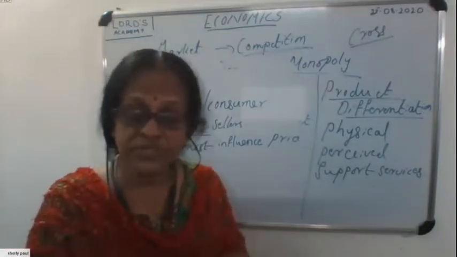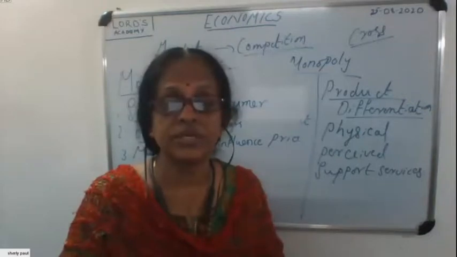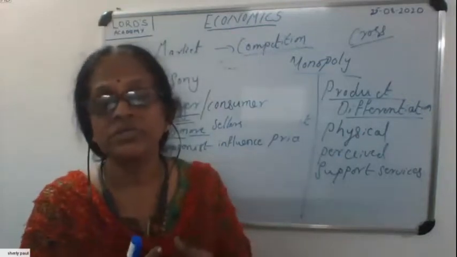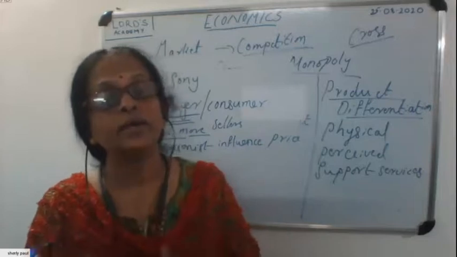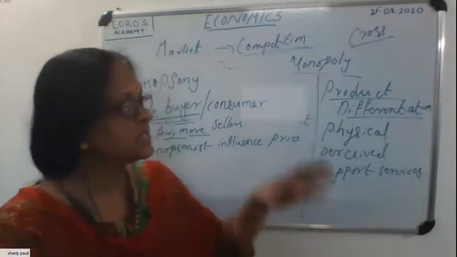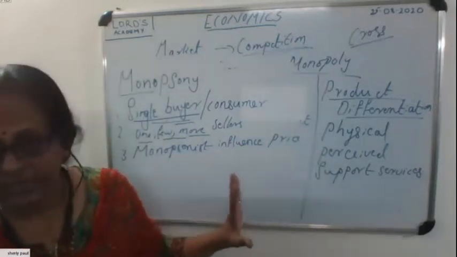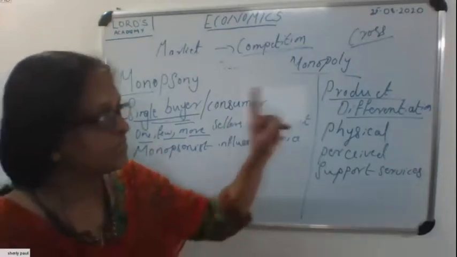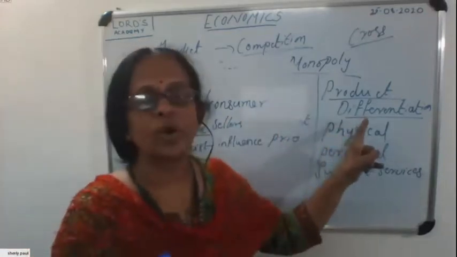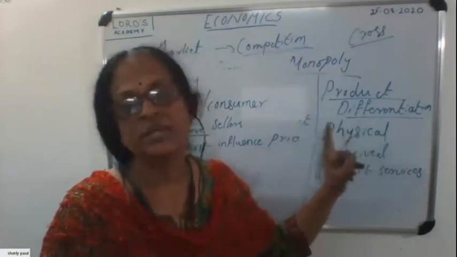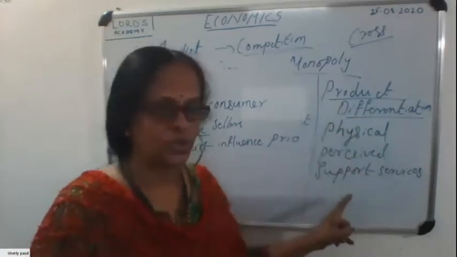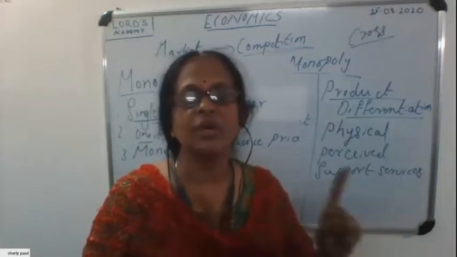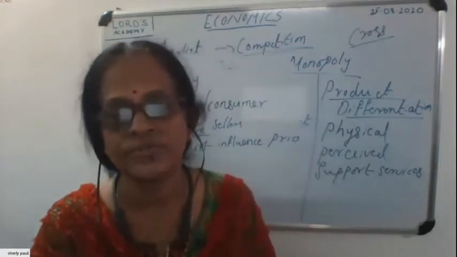Then monopolistic competition is a combination of perfect competition and monopoly. These are the features and characteristics, and you also have to write examples. Product differentiation is another important topic in this chapter, and you also have to prepare this. Next class, maybe I will ask you to open your video and I will show you.